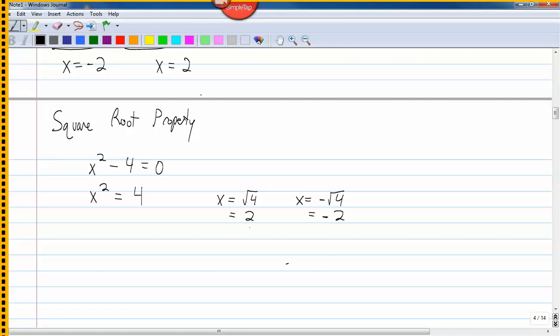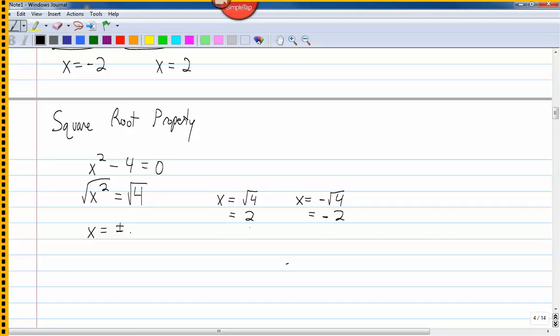Now usually the way that I work this out, instead of just writing down this property like this, is I'll say, okay, I've got the x squared by itself and I have the constant on the other side of the equation. Now to make this an x, since it's x squared, I need to take the square root of both sides. Okay? When you take the square root of both sides of an equation, you need to put a plus or minus on the side of the equation that has the constant term.